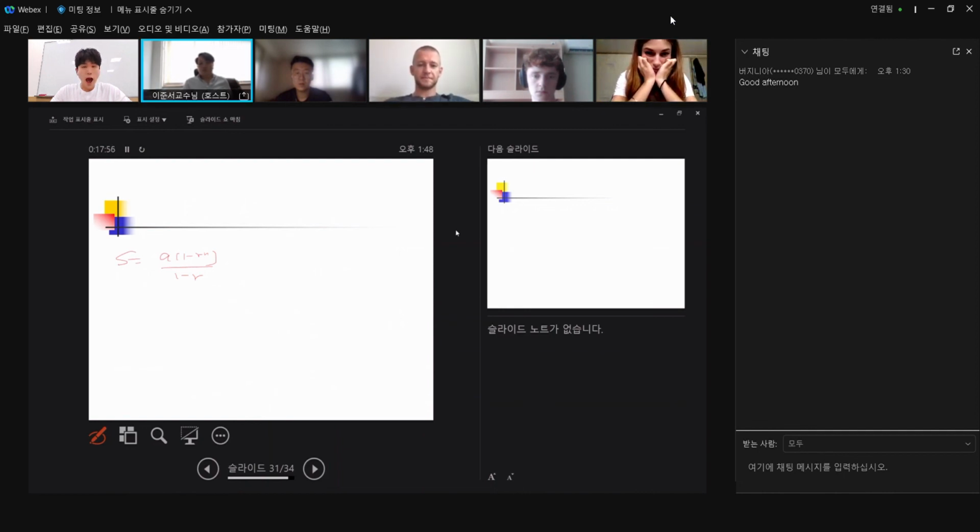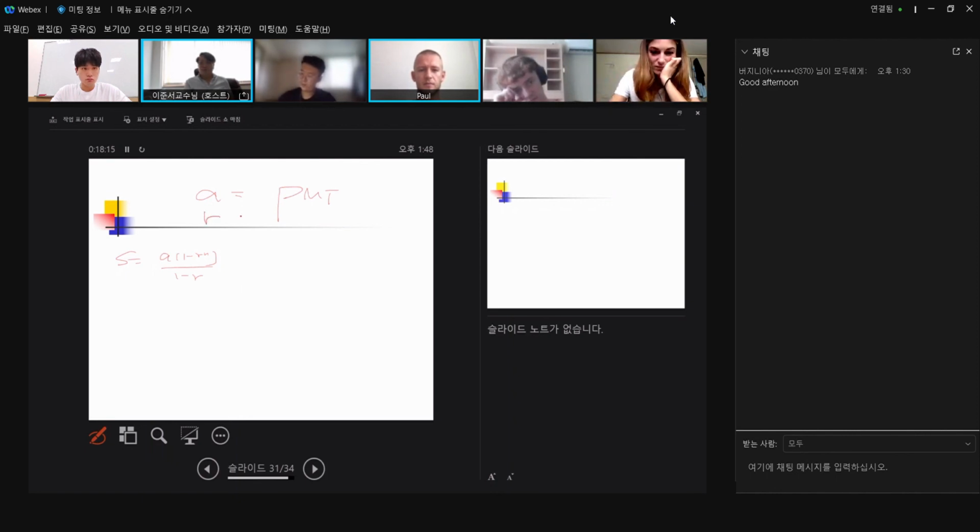What was the first term in the previous example? What was the A? The A is the amount of the annuity, right? Yes, payment. Payment is A.